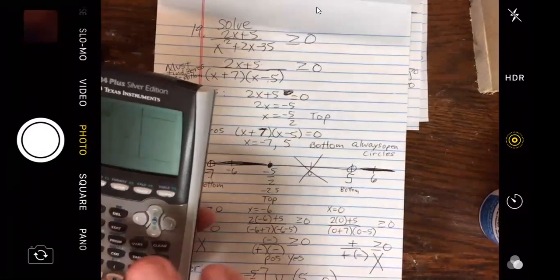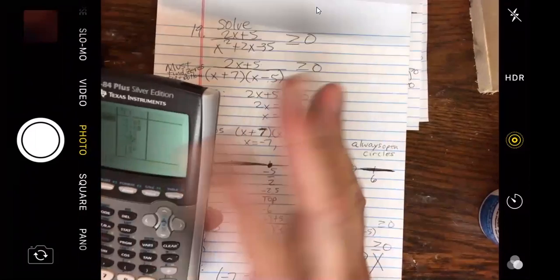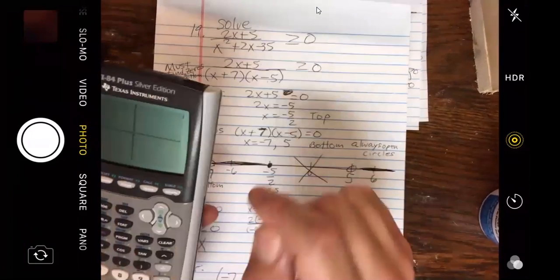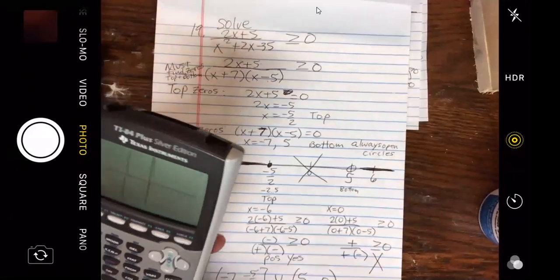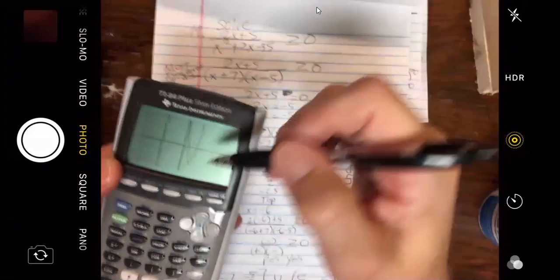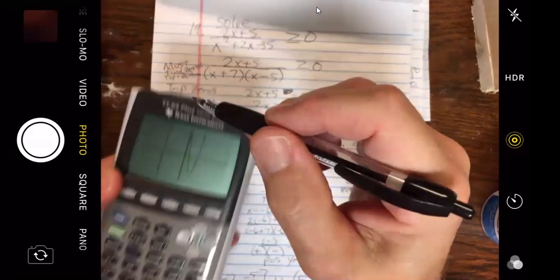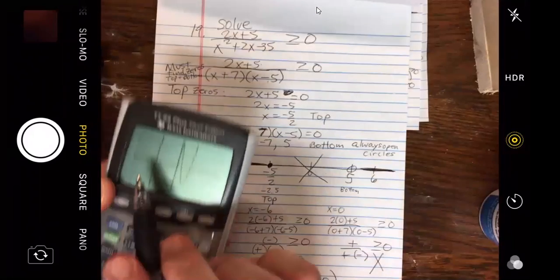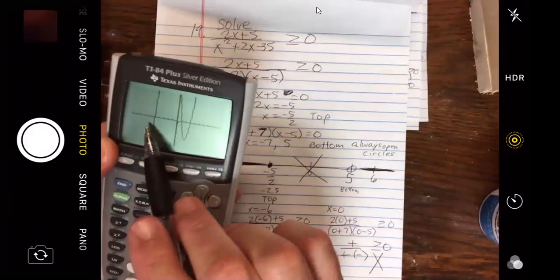Now we've already plugged it in. So if you look at a graph of it, you can tell it comes up here and curls back. Okay, so there's your -7.